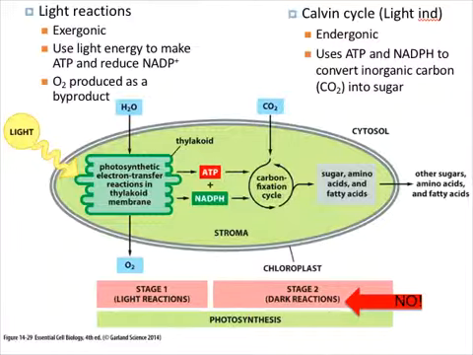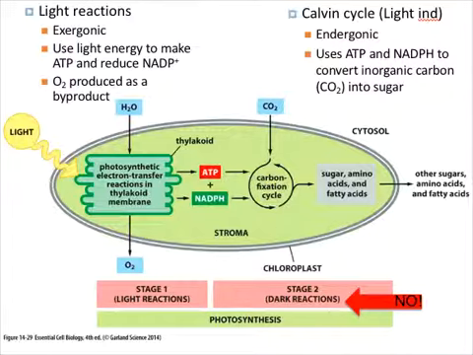But the terminology seems to make it sound as if the plants can only undergo this second stage in the dark, which is absolutely untrue. So a better terminology would be to call them the light independent reactions, meaning that they don't rely on light. Or you could just call it the Calvin cycle, since that's what's happening during the light independent reactions.